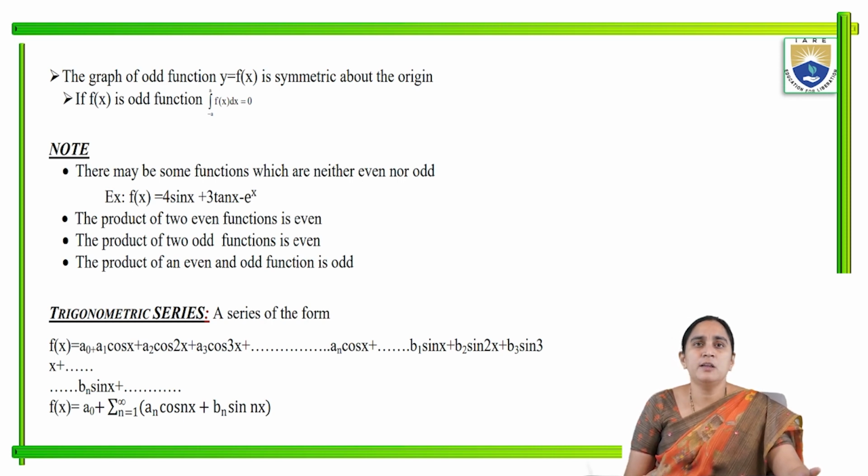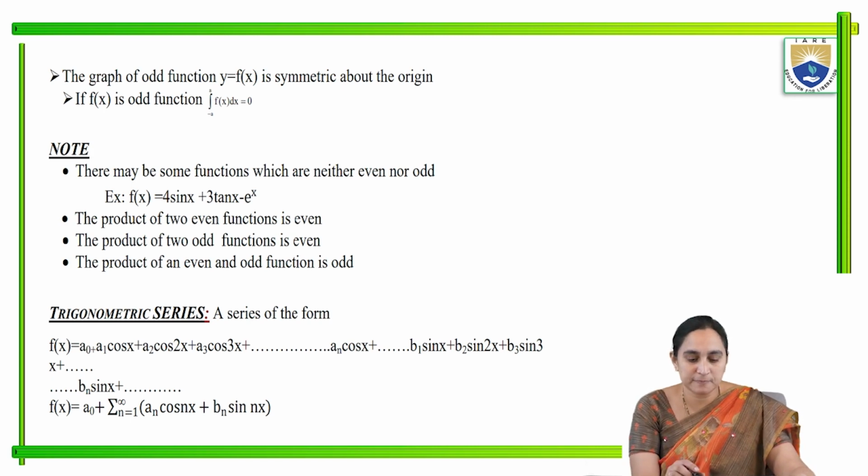Next, note, there may be some functions which are neither even nor odd, for example 4 sin x plus 3 tan x minus e power x. The product of two even functions is even, and the product of two odd functions is also even.